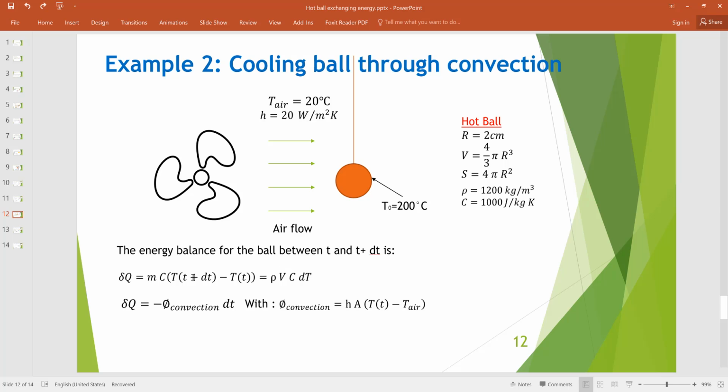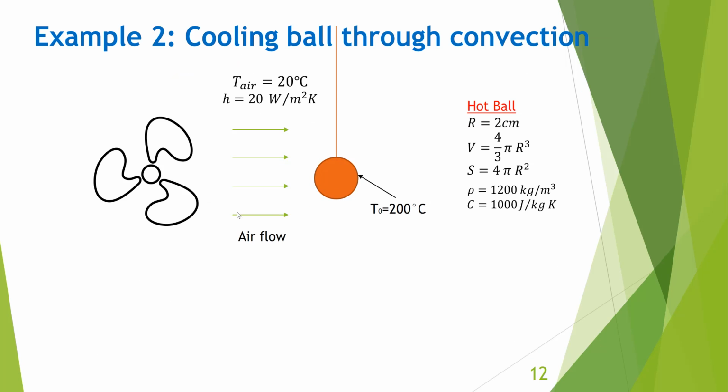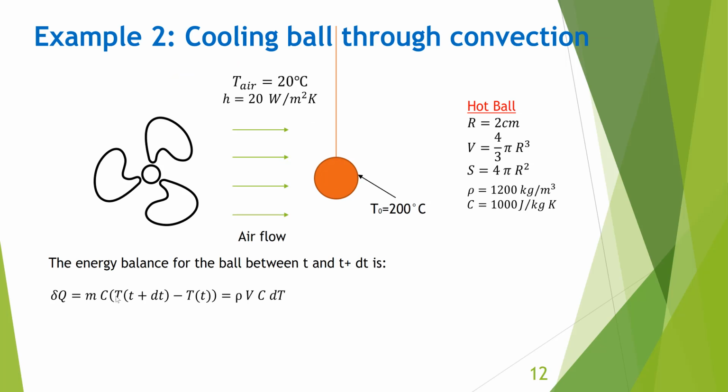So we have an energy balance, delta Q between time t and t plus delta t, which is equal to m c times the temperature at time t plus delta t minus the temperature at time t, which is equal to rho V c, where rho V is the mass and c is the capacity, times dT.